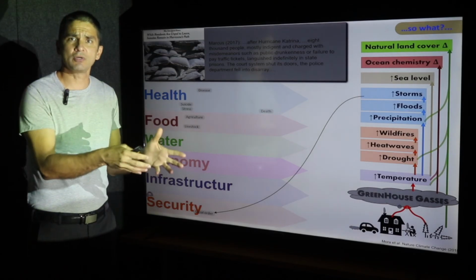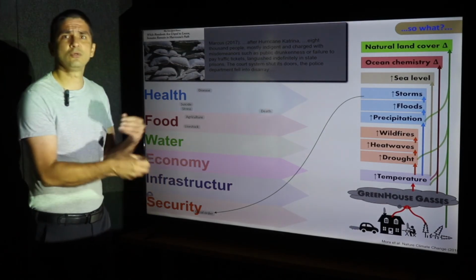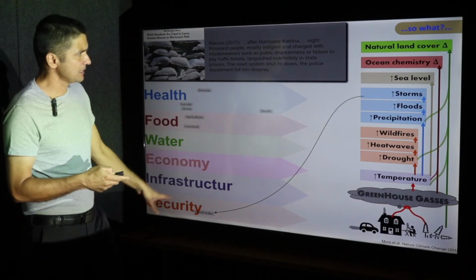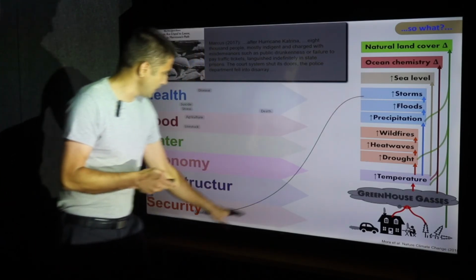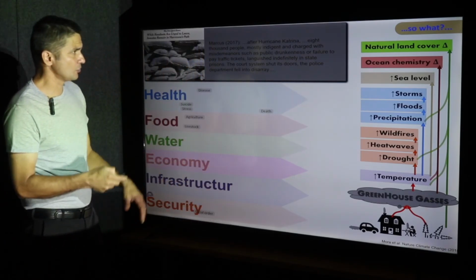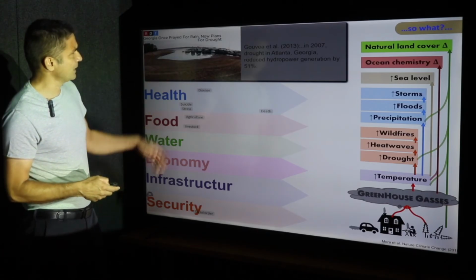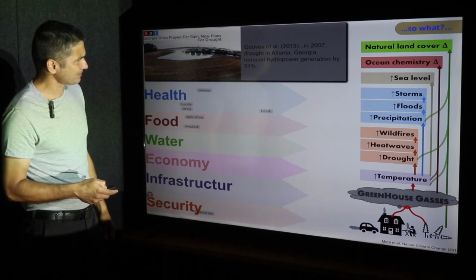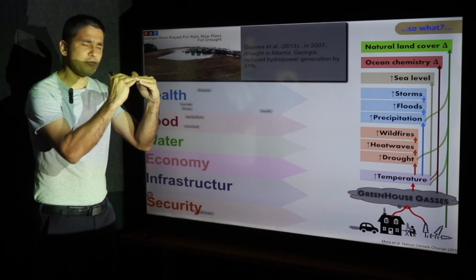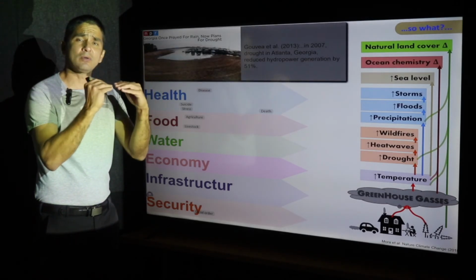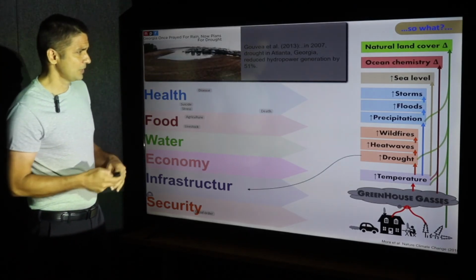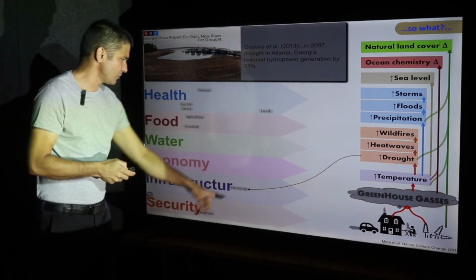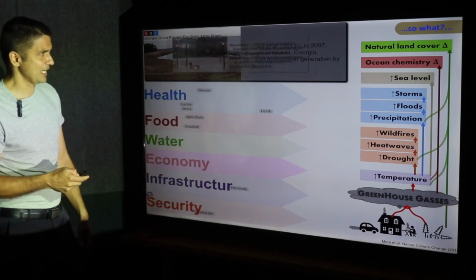People ended up stuck in jail for a long time. People losing their cases. So again, in this case, we had storms affecting social order. In this one here, drought reducing the levels of water such that now they cannot produce electricity. So here we have drought affecting infrastructure, the capacity of us to produce electricity.